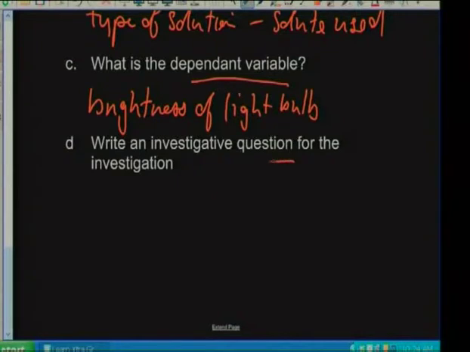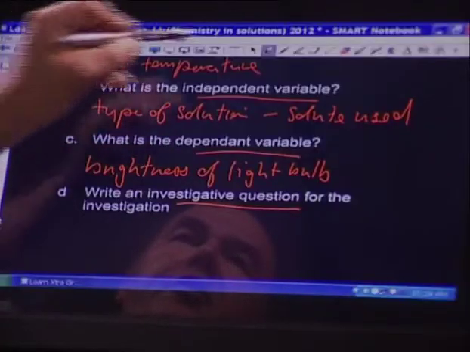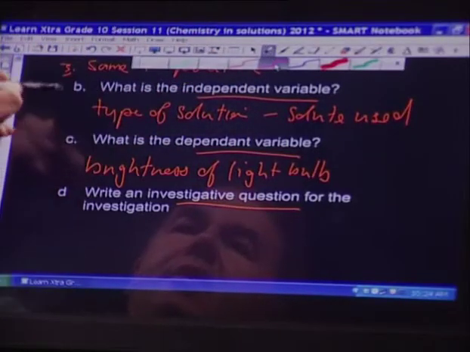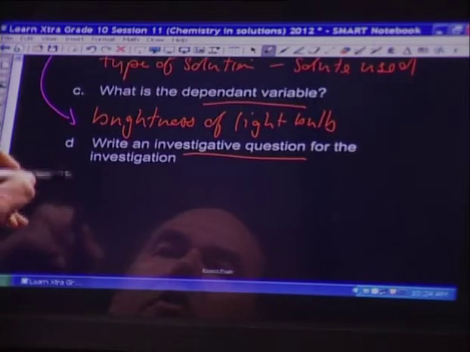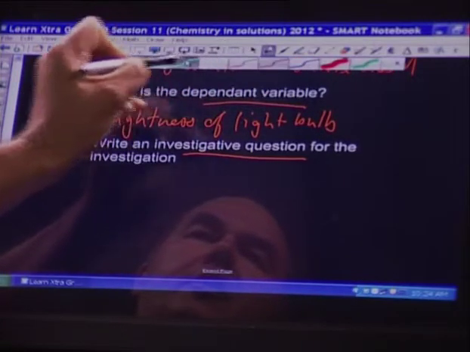So now what we're asked to do is to write an investigative question. This is a question where we're going to relate the independent variable to the dependent variable. And we want to know the following.